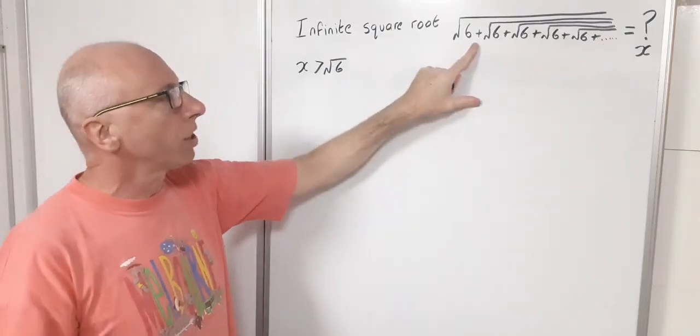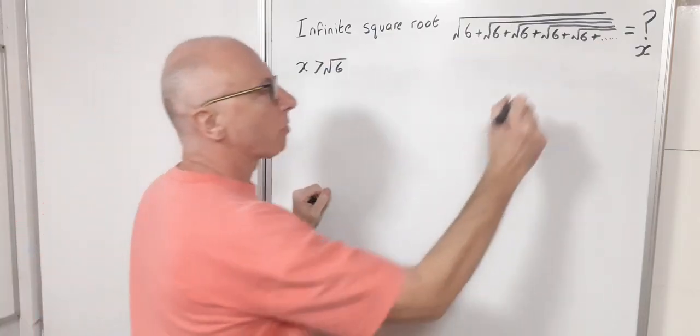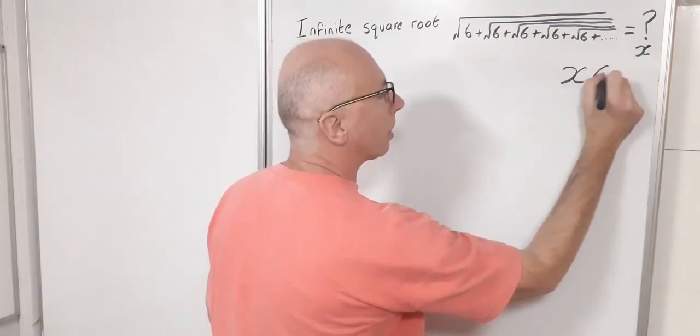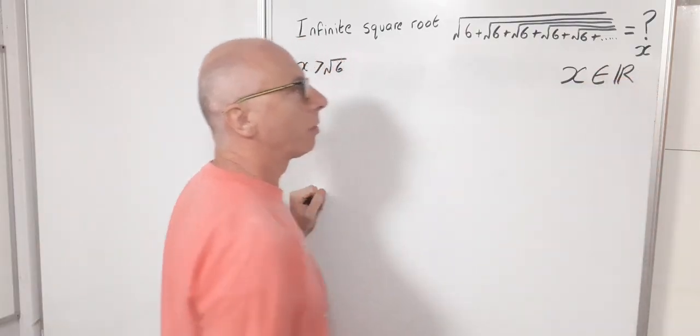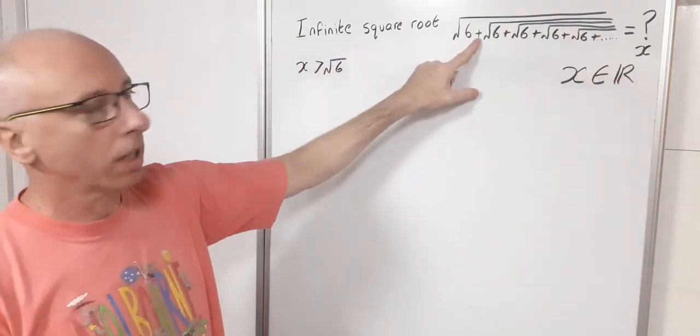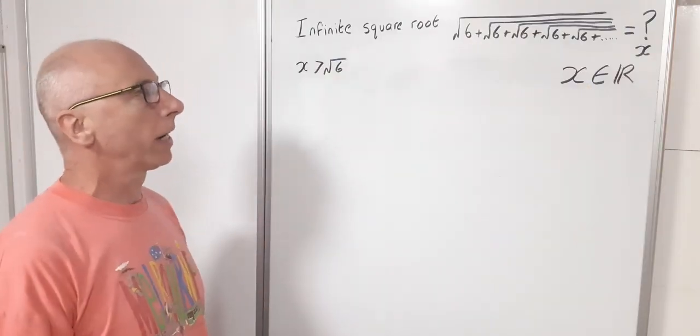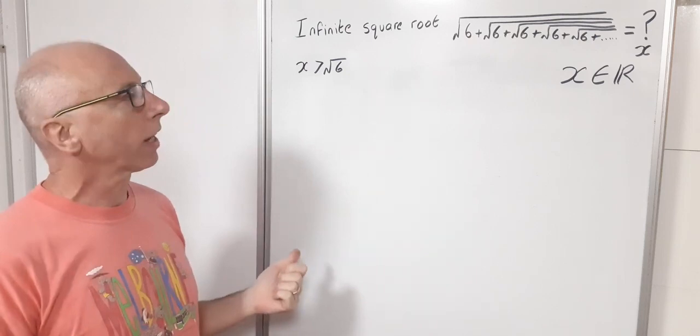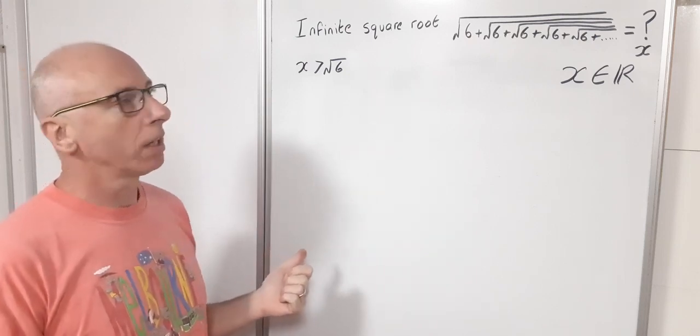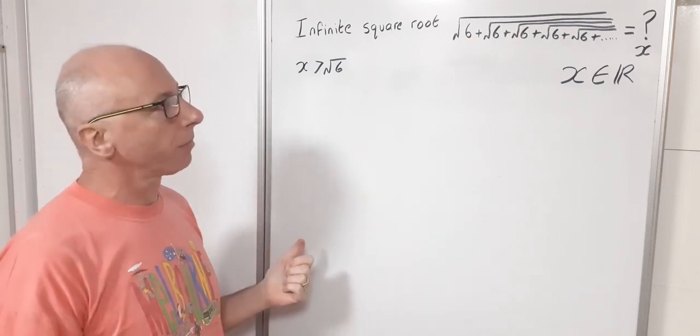And one thing's for certain, x is definitely going to be a real number. So there'll be no complex numbers in here because of 6 plus. So that's something else we can see straight away.